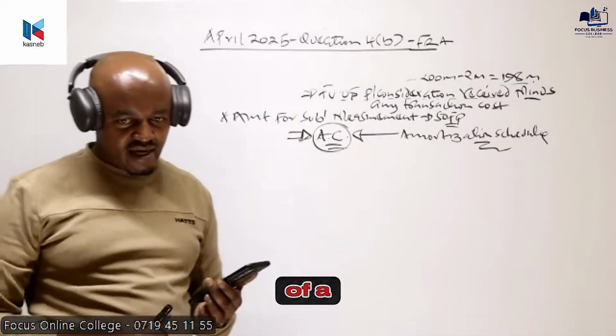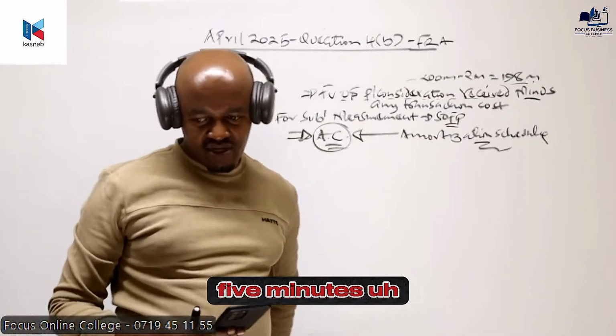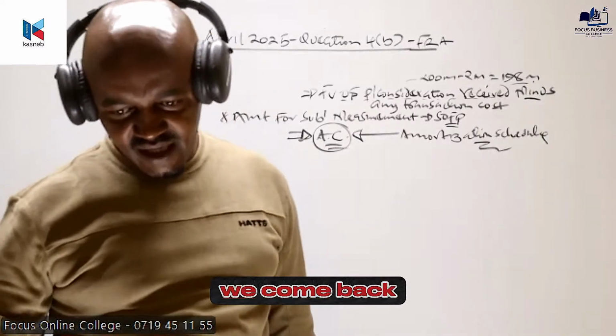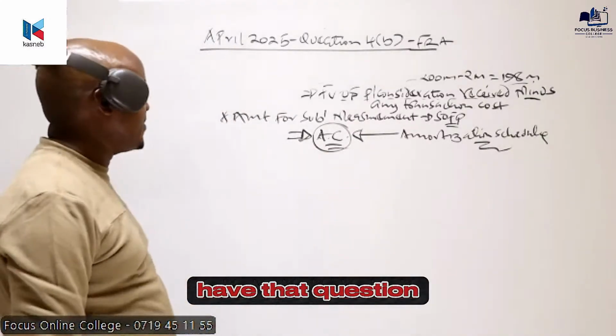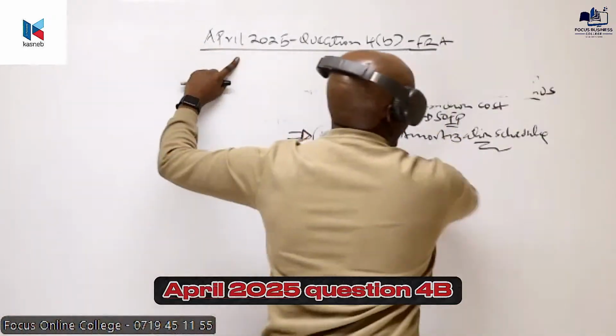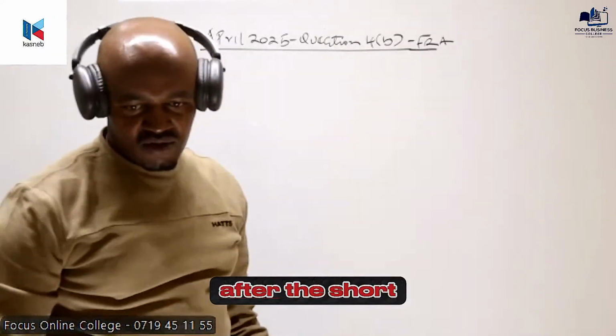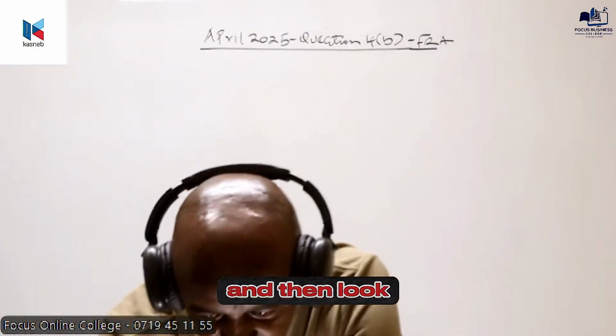I want us to take a short break of just 5 minutes. We come back. Make sure you have that question with you, the question for April 2025, question 4B. Let's come back after the short break of 5 minutes, and then we look at that question.